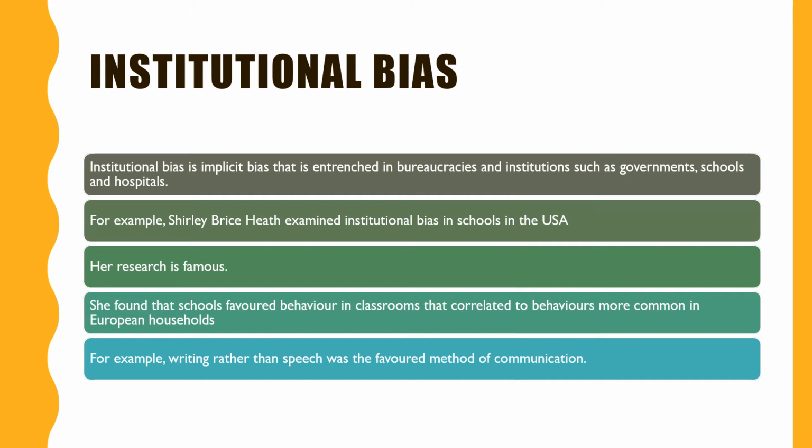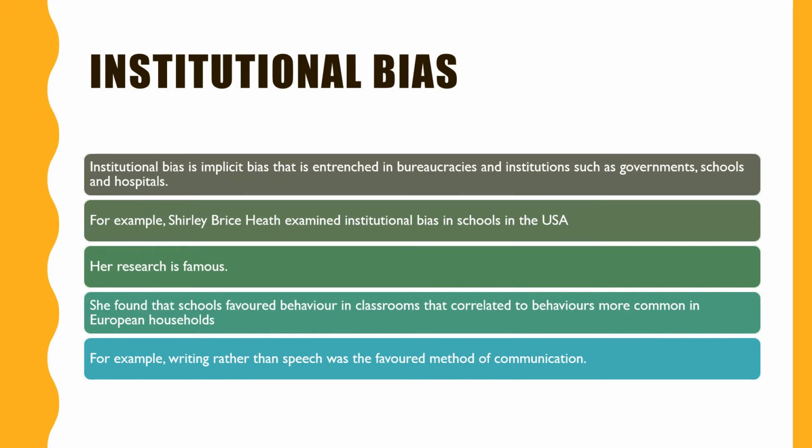Now, a really good example talking about institutional bias is an article by Shirley Bryce Heath, and I've attached it in the Moodle. Basically, Shirley Bryce Heath wrote this article in the 1980s, and she found that schools in a certain part of America favoured children who behaved in a way that was more common in European households.